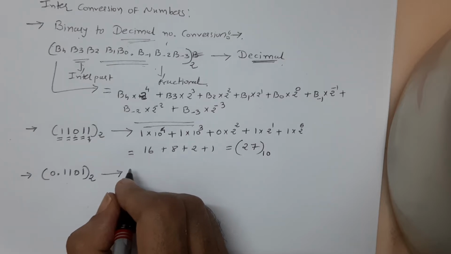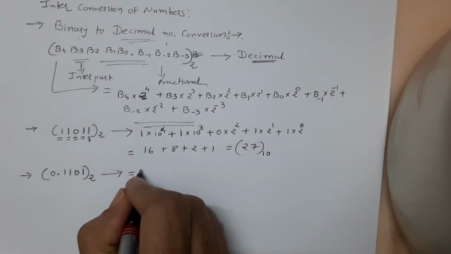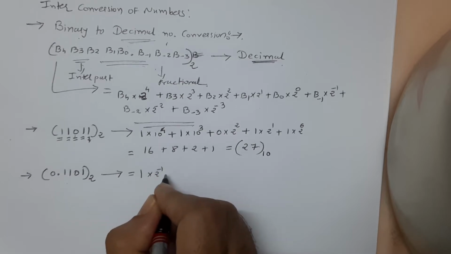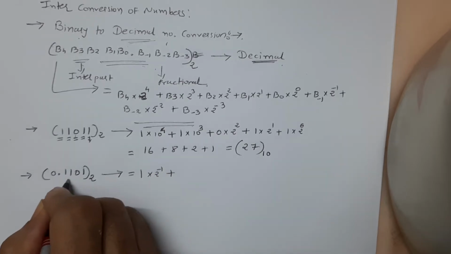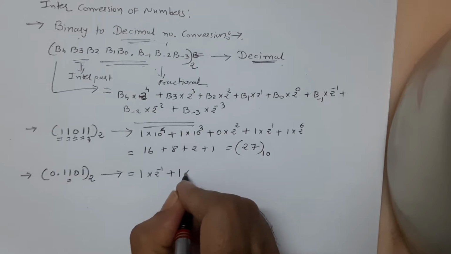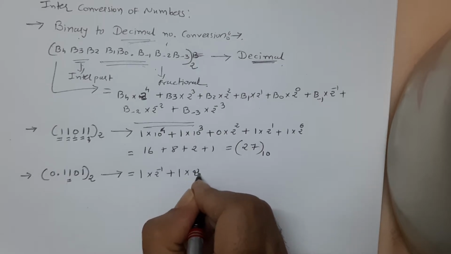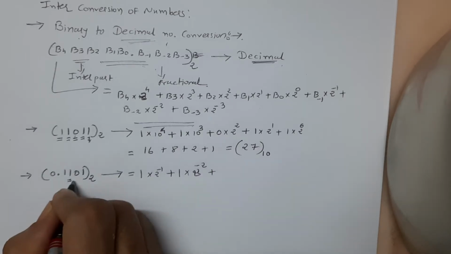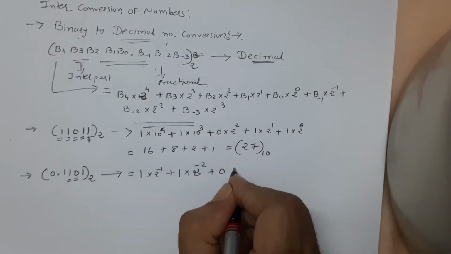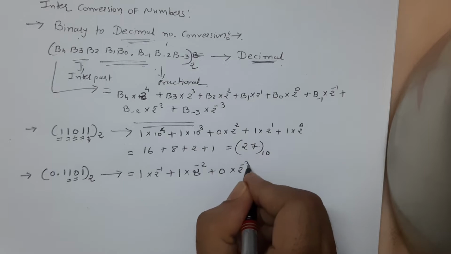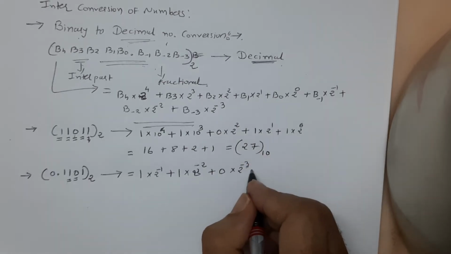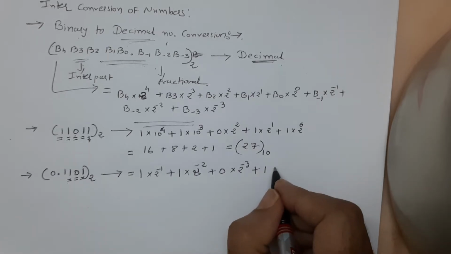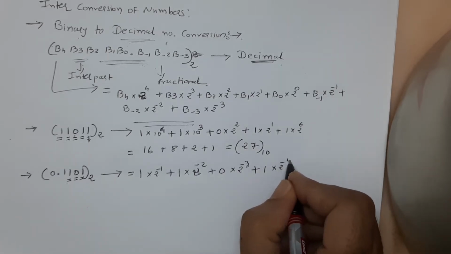we will write this is equal to 1 into 2 raised to minus 1 plus this one into 2 raised to minus 2 plus this 0 into 2 raised to minus 3 plus the last one into 2 raised to minus 4.